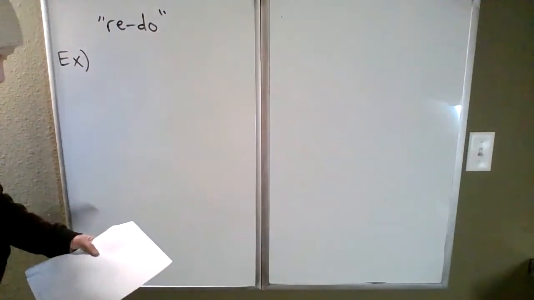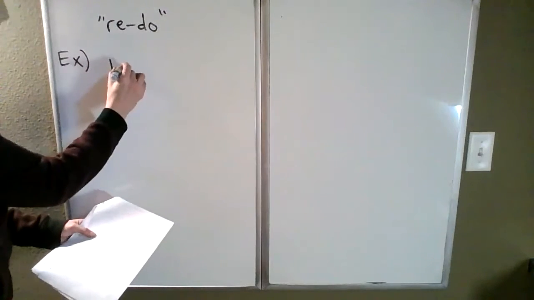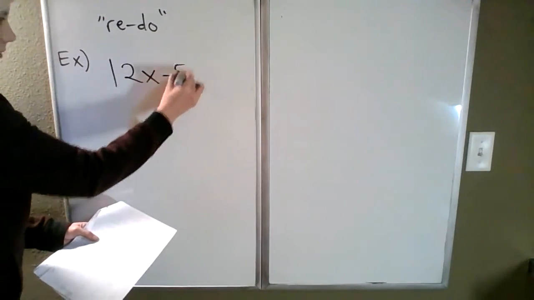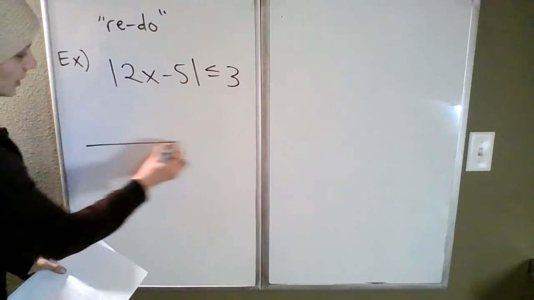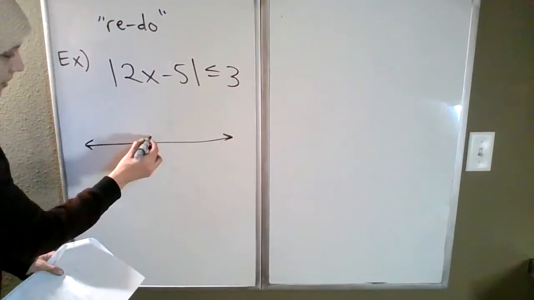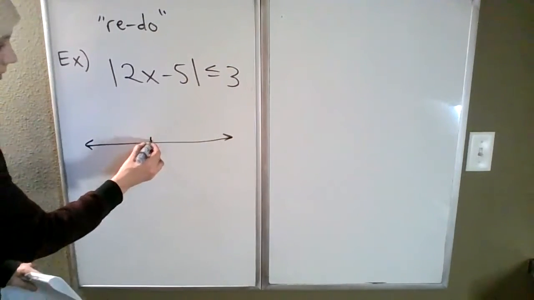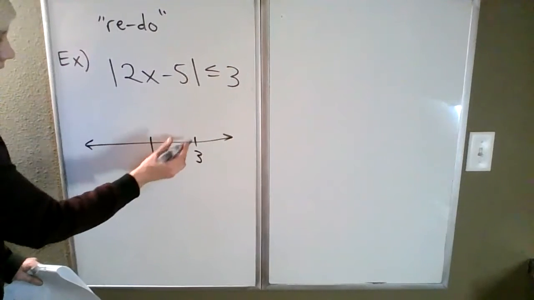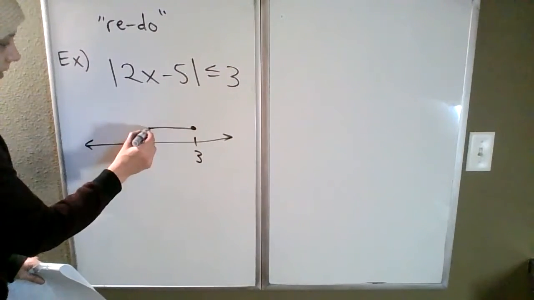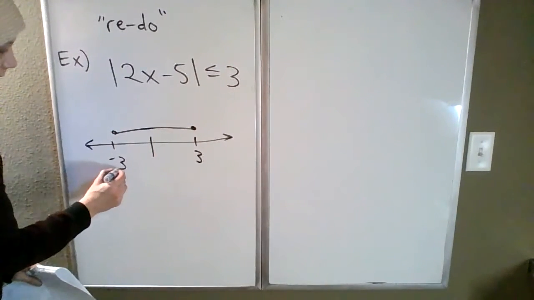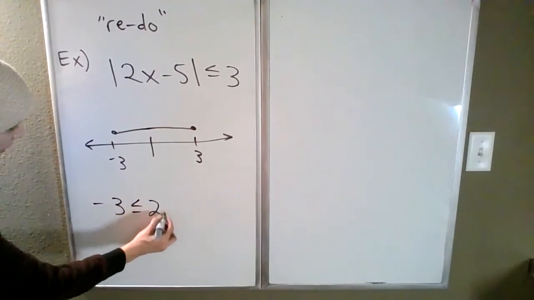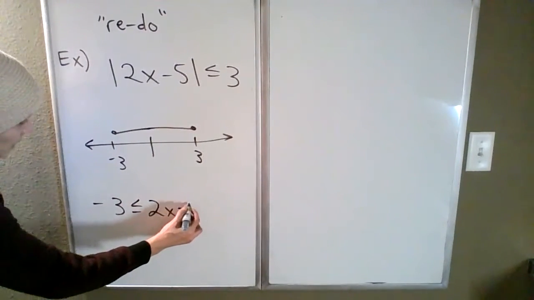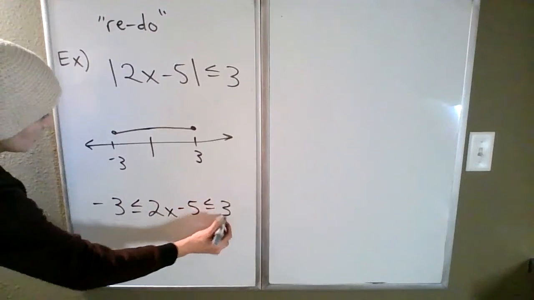Okay, we had a problem that was absolute value 2x minus 5 less than or equal to 3. We translated it, and then we had the distance between 2x minus 5 and 0 is less than or equal to 3. So we put a -3 less than or equal to 2x minus 5 less than or equal to 3.